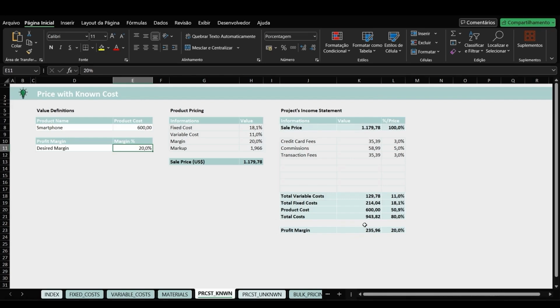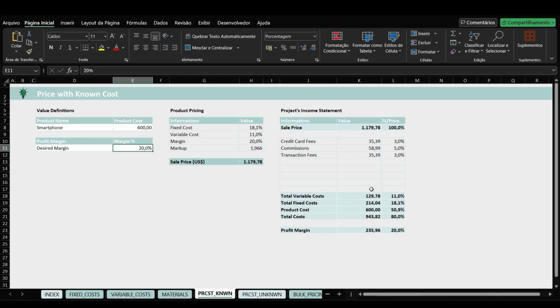How do you do that? Check this out. You have the selling price at $1,179, and then you have the costs that will start to show up on that sale. You have all those variable costs you reported, which will always take a percentage of that sale amount, totaling $129. After the fixed costs from the sale, you have $214, which is 18% of the sale amount.